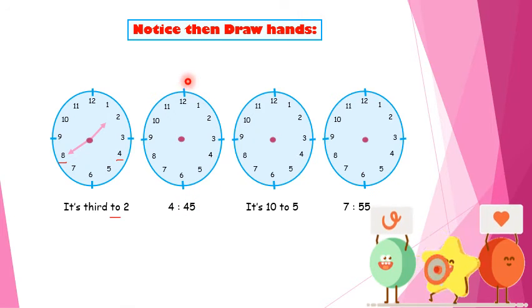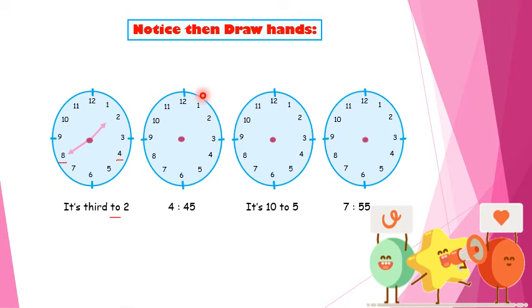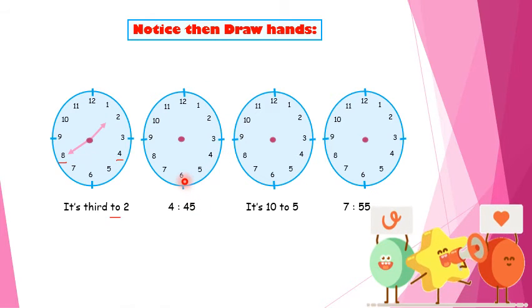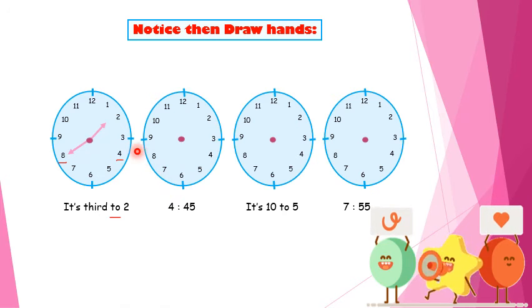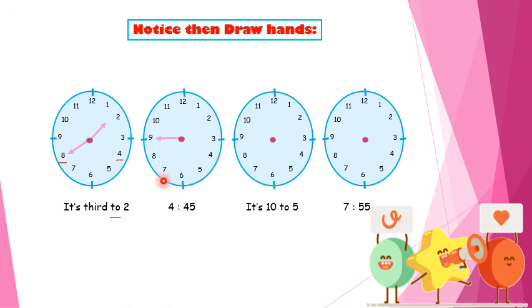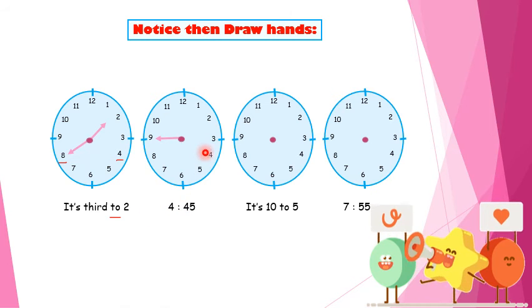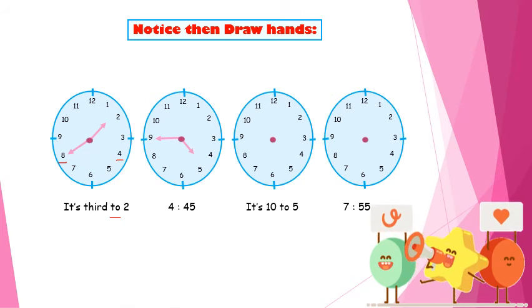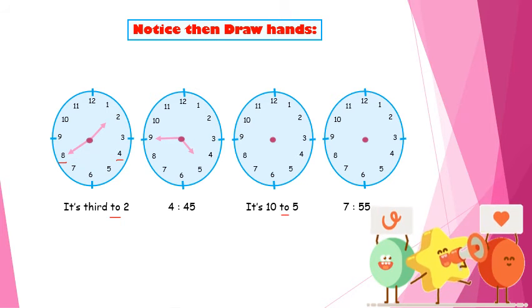And here it's 45 minutes, so the long arm will be on 45. How do we read it? Look here, we have 0 minutes, 5, 10, 15, 20, 25, 30, 35, 40, 45, so the long arm is on 9. What about the short arm? It is on 4, but as you can see, it's going to reach the next hour, so I think it would be between 4 and 5. That would be better. Here we have 10 to 5, so it's going to reach 5.